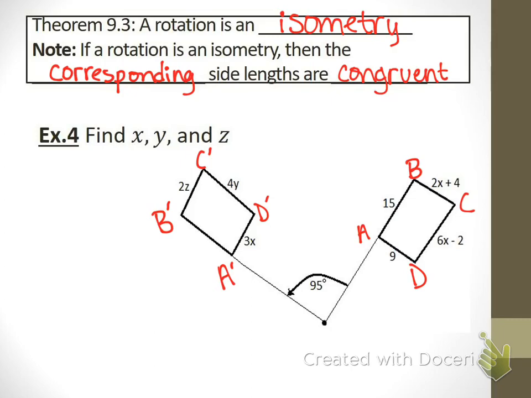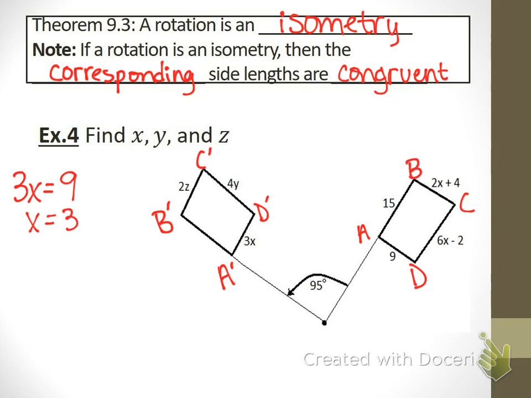So if corresponding side lengths are congruent, that would mean that A prime D prime, or 3x, would equal what? 9, because A prime D prime should be congruent to AD. We understand the logic behind this? Okay, what would x equal? 3. Okay, once we have x, that opens up some doors for us because that allows us to find the length of BC.